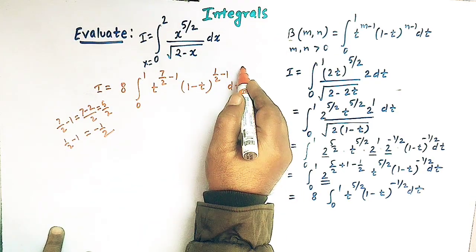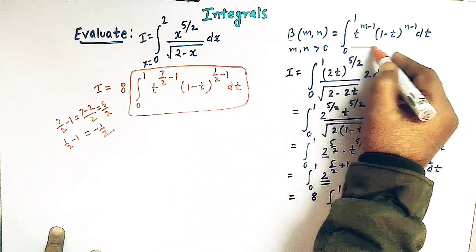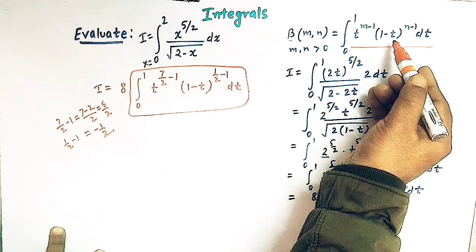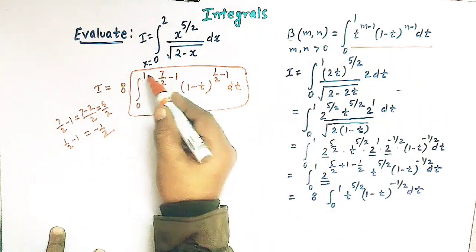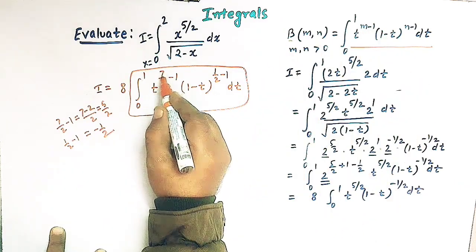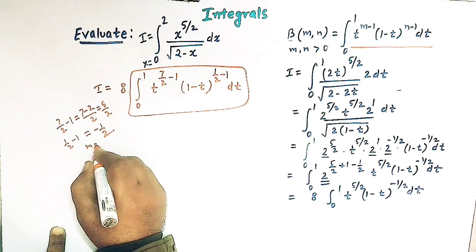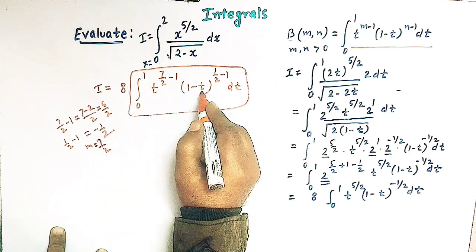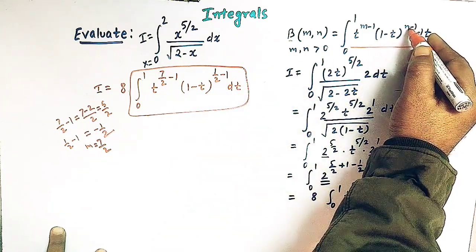So now we can see that this integral is similar to the beta function integral, right? If we compare, here we have 0 to 1, and t raised to m minus 1. So here we have t raised to 7 over 2 minus 1, so comparing, m is equal to 7 over 2. And here we have 1 minus t raised to half minus 1, which is 1 minus t raised to n minus 1.